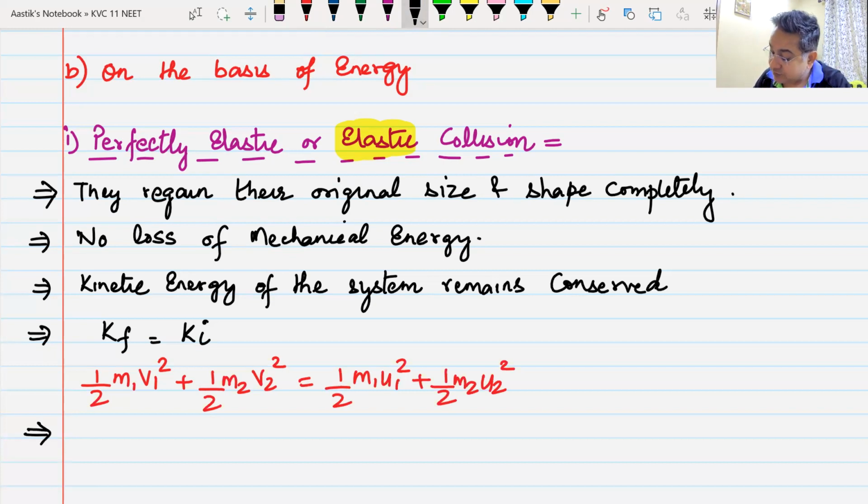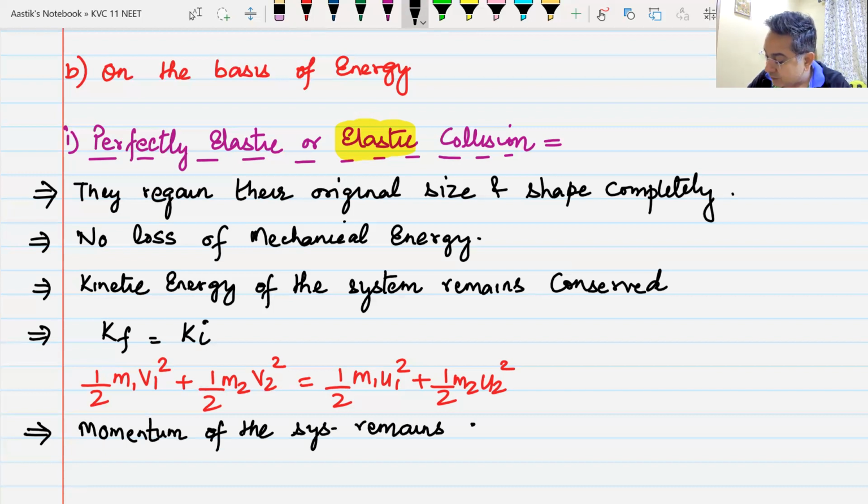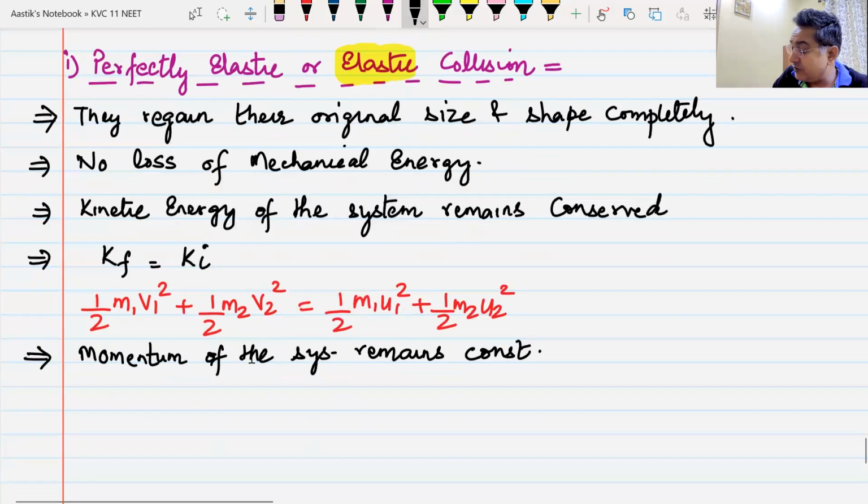Then momentum of the system remains conserved. So remember, momentum of the system remains conserved, or remains constant. That means initial momentum would be equal to final momentum vectorly.